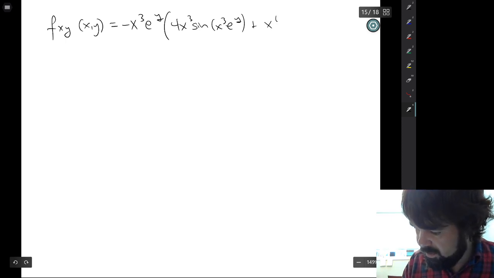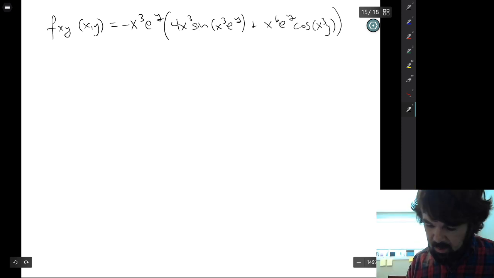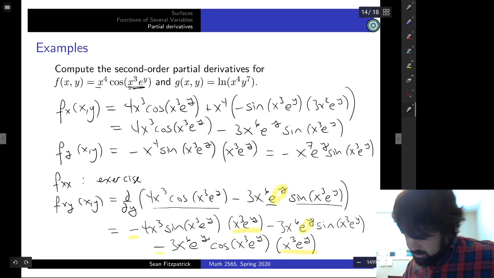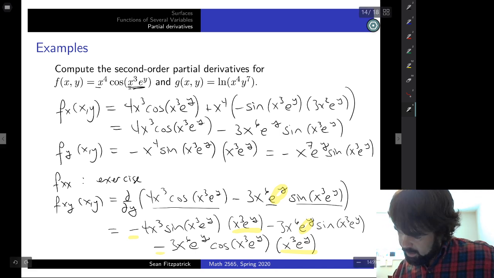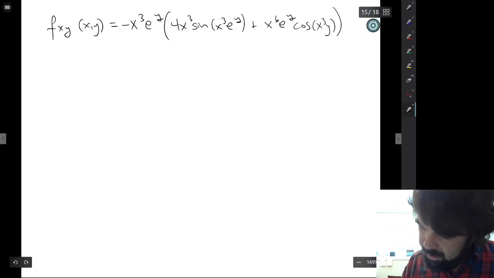Okay, x to the 6th e to the y, cos x cubed y. And we had one more term, right? I was missing a 3 there. 3x to the 6th e to the y. Got it.